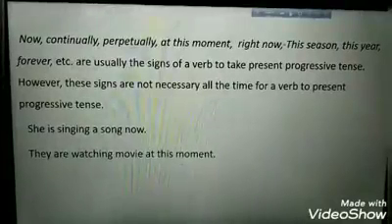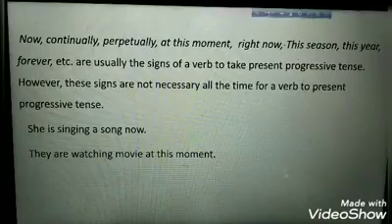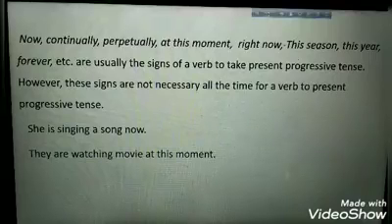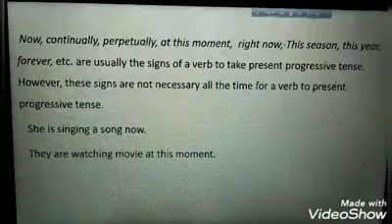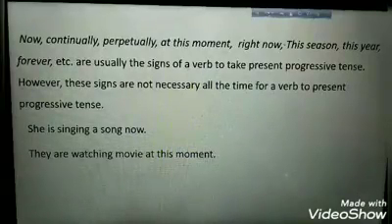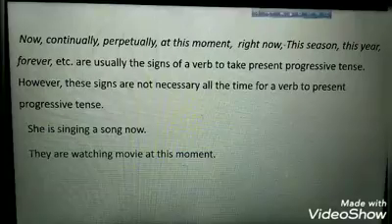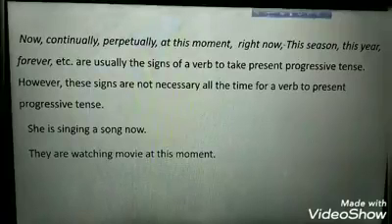And the next one is, so there are also some indicators of present continuous tense. These are now, continually, perpetually, at this moment, right now, this season, this year, forever, etc. They are usually the signs of a verb to take present progressive tense or present continuous tense.